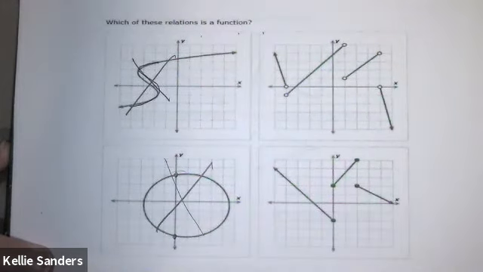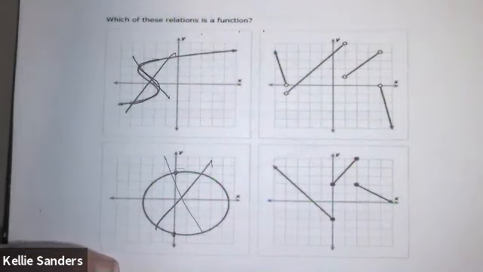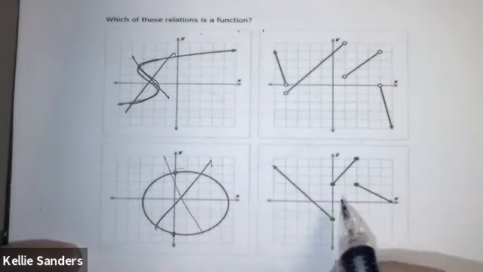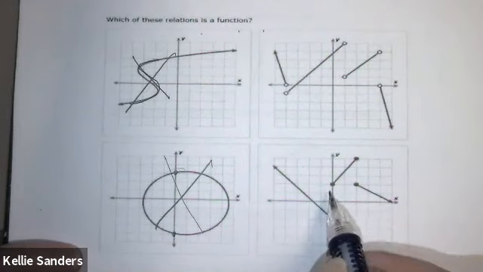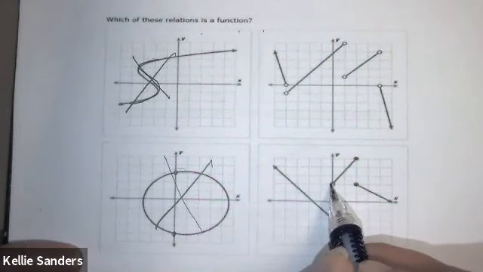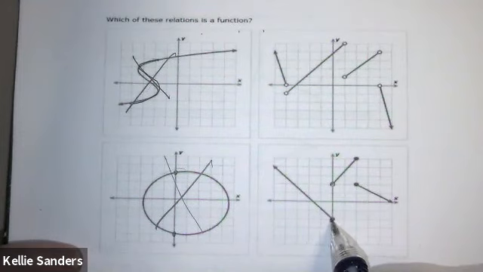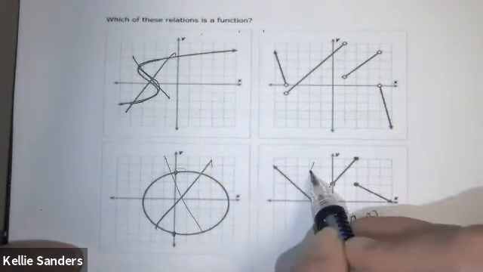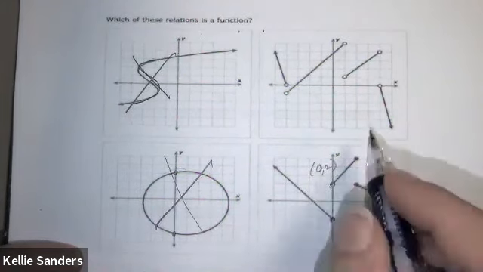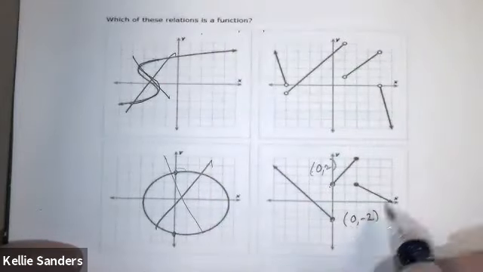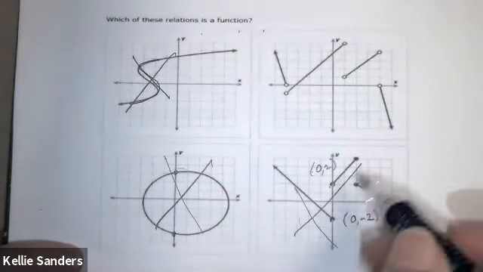The straight lines, both of these look like functions, but this one is not. The reason is this point is colored in and this point is colored in. That means this is at 0, -2, and this is at 0, +2. The same x goes to two different y's, so it is not a function.